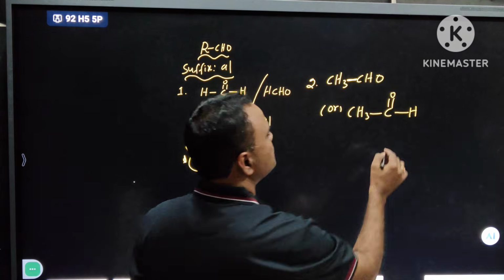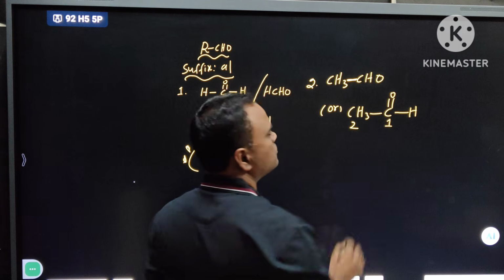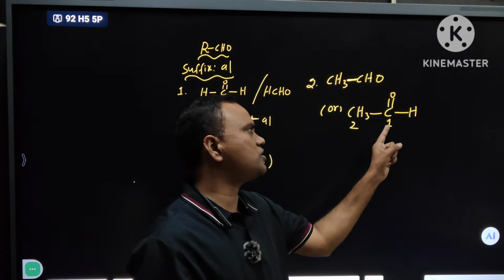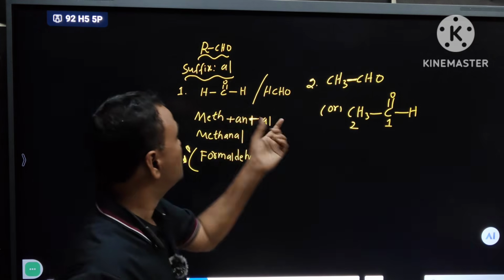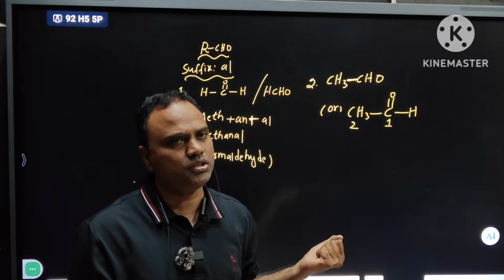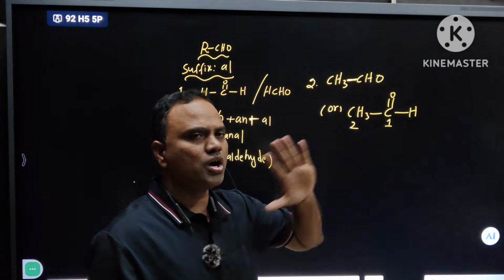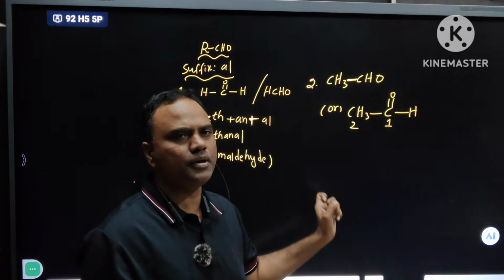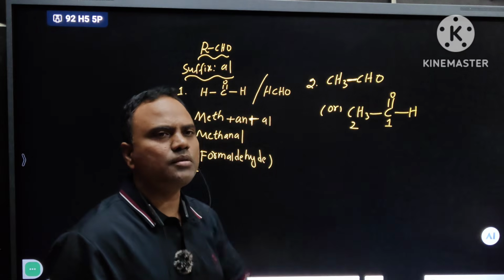Okay, right. How many carbons are present? Count the carbons: 2. And one more important point: numbering should start from the functional group carbon only. Here, the functional group carbon gets high priority. Remember that point. So 1, 2, 2 carbons are there.